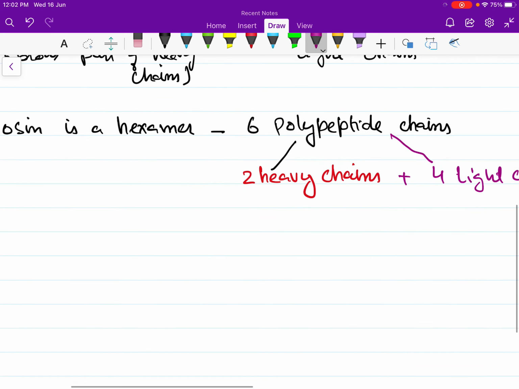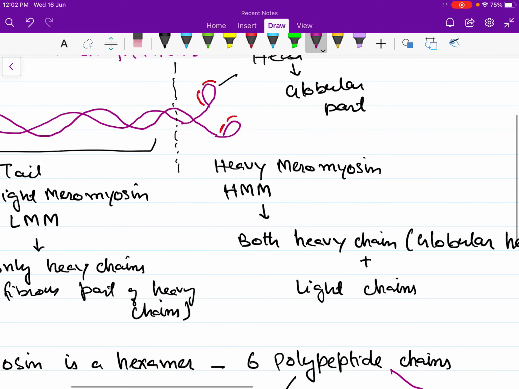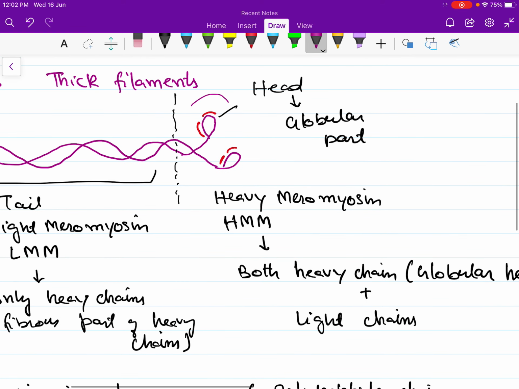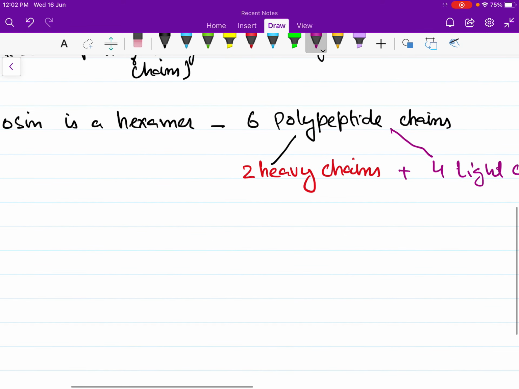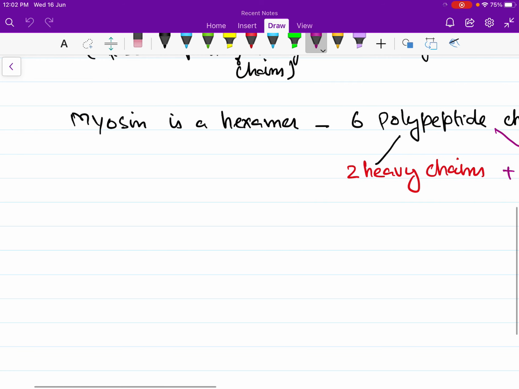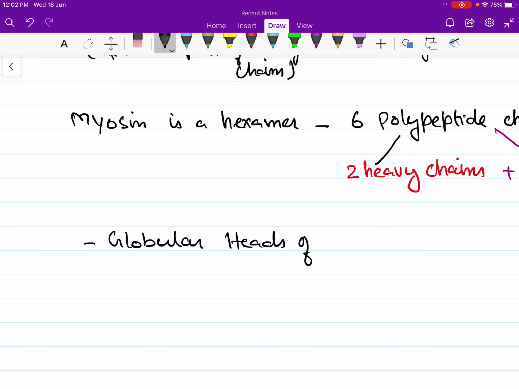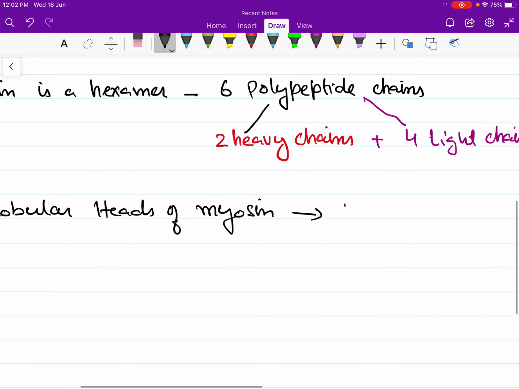Please note that the globular head of the myosin also has enzymatic activity. Globular heads of myosin have enzymatic activity as well.